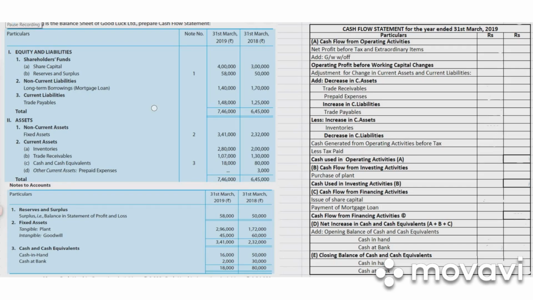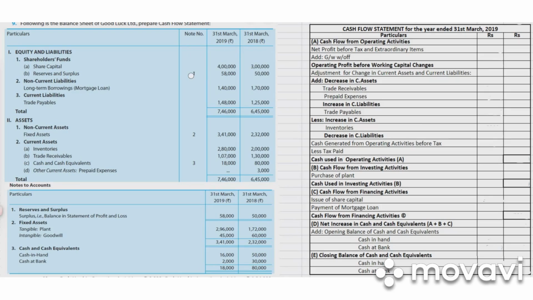In each case you can see in the note, wherever the details are given, subdivisions are given. In the first part of the balance sheet, we will see only the main headings, and wherever there are subheadings or subdivisions, they are represented by note numbers.